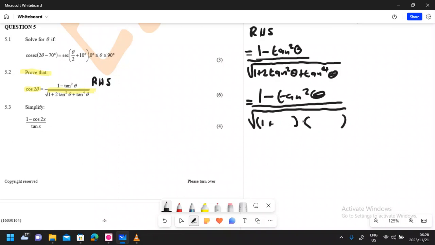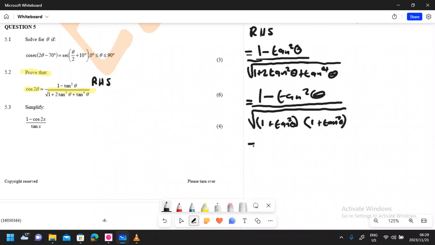So we say 1 plus, these are the factors of 1, so it's going to be tan theta squared, and another tan theta squared. I hope you can see tan theta squared, when you multiply them, they're going to give you tan to the power of 4 theta, but when you add them, they're going to give you 2 tan squared theta.